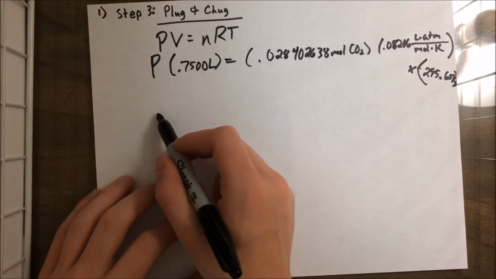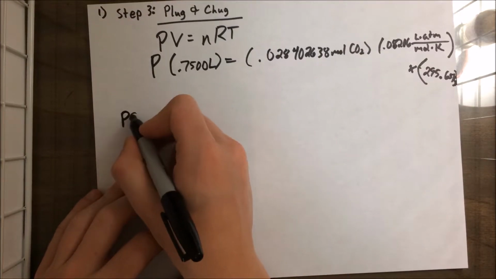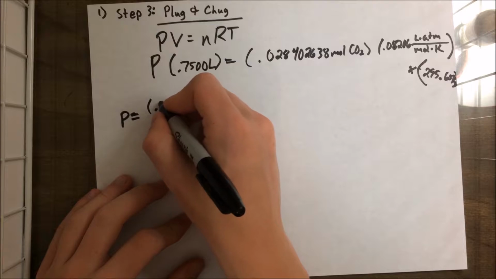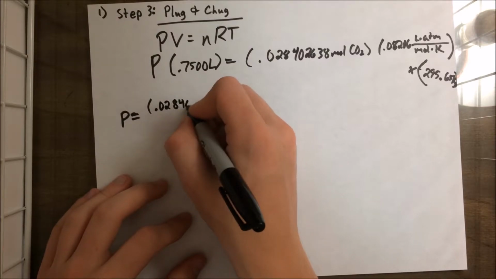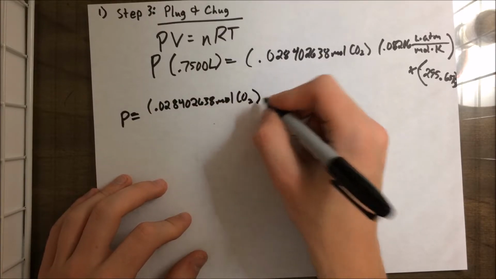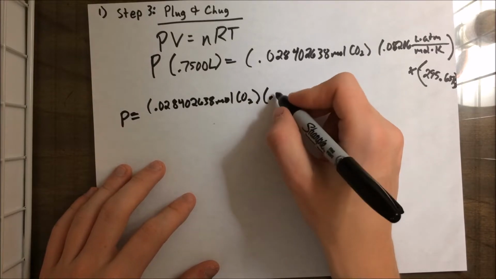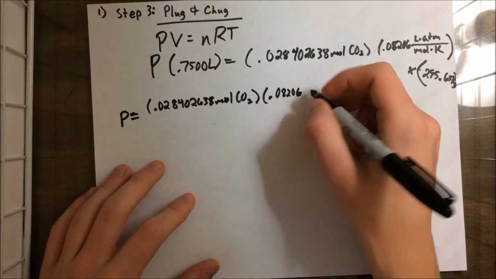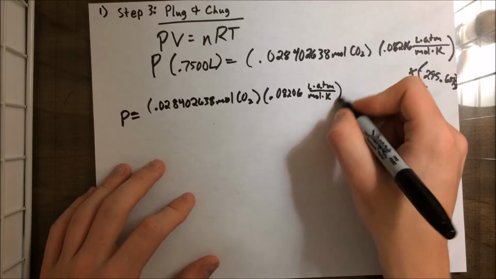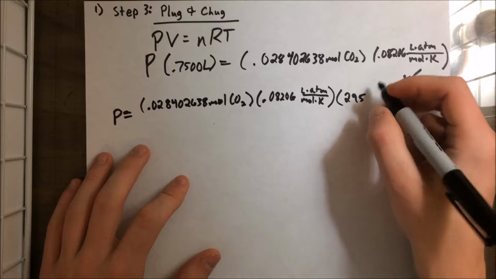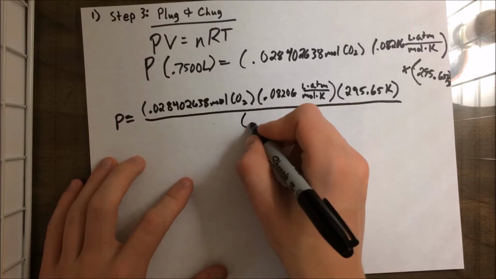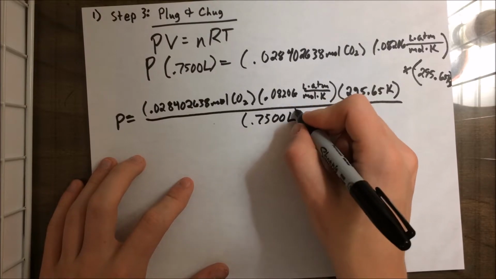Okay, so that would be equal to P equals, so we're isolating the pressure, the unknown, so P equals 0.028402638 moles of CO2 times 0.08206 liters times atmospheres over moles times Kelvin, and then multiply that by the 295.65 Kelvin, and then all divided by 0.7500 liters.